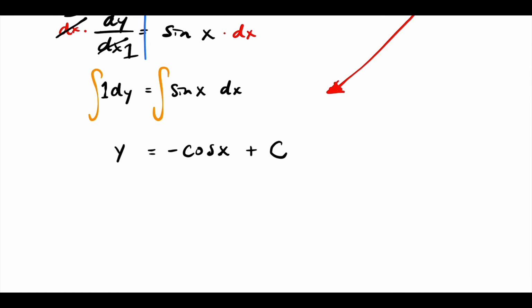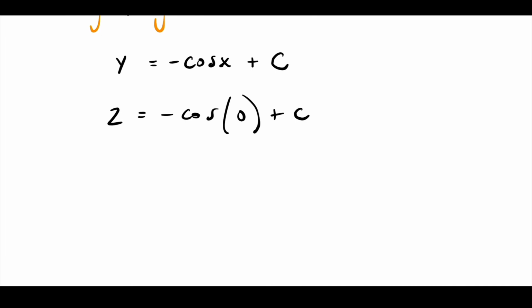So I'm going to rewrite it: 2 for y, 0 for x. Solve for C. Well, what is regular cosine of 0?